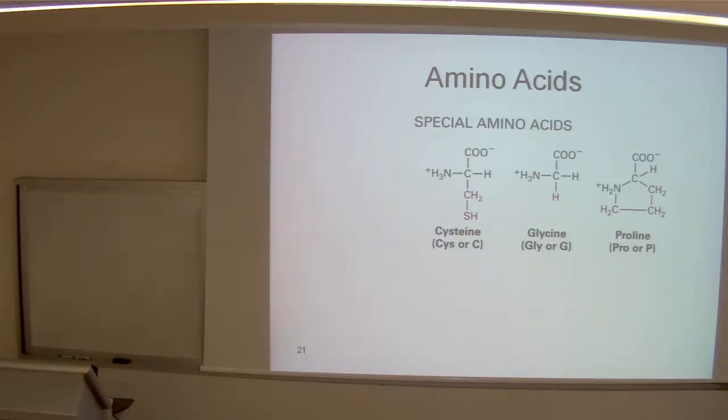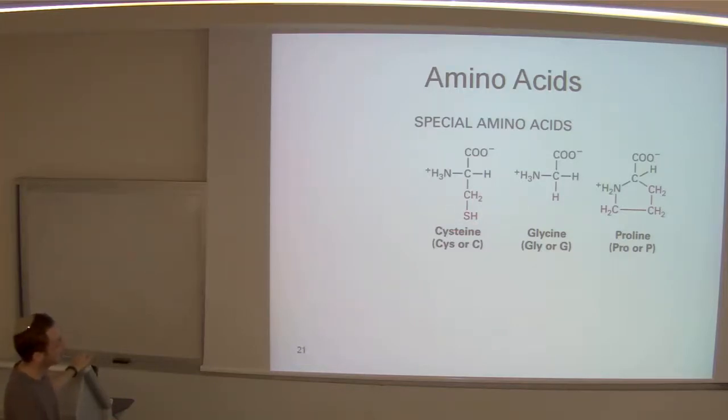3 special amino acids should be looked at outside of this classification of hydrophilic and hydrophobic, because they are unique. Cysteine is unique in that it has a sulfur with a hydrogen, a sulfhydryl moiety.